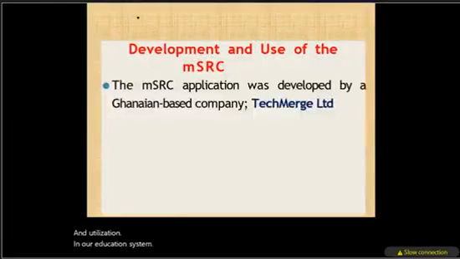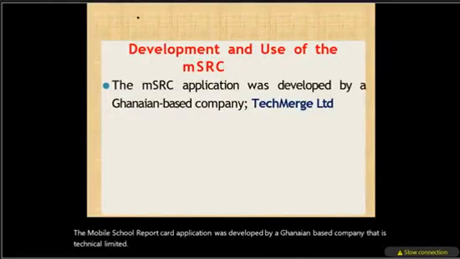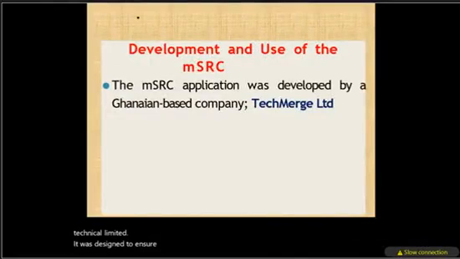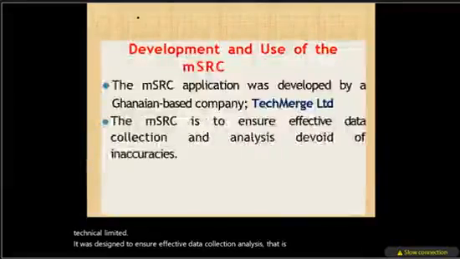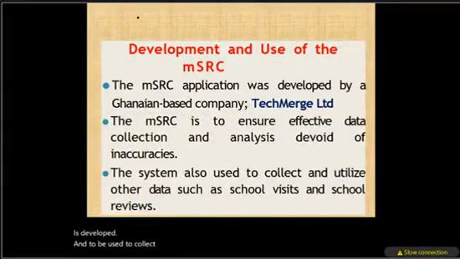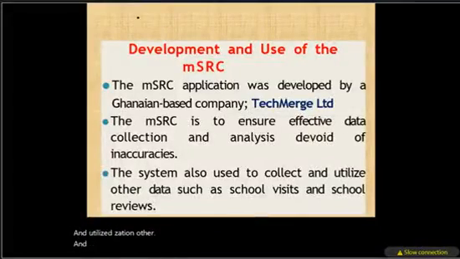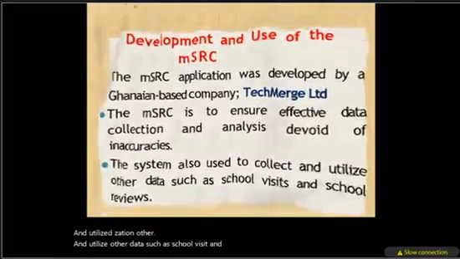The mobile school report card application was developed by a Ghanaian-based company, that is TechMec Limited. It was designed to ensure effective data collection and analysis that is devoid of inaccuracies. The system is developed to be used to collect data and utilize other data such as school visits and for school reviews.